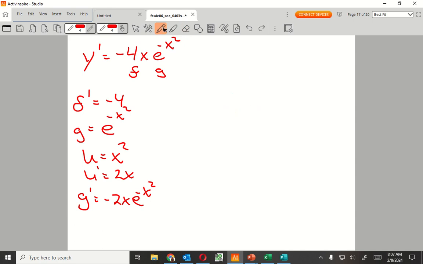So f prime g is going to give me negative 4 times g, which is e to the negative x squared, plus g prime, which is negative 2x e to the negative x squared, times f, which is my negative 4x.